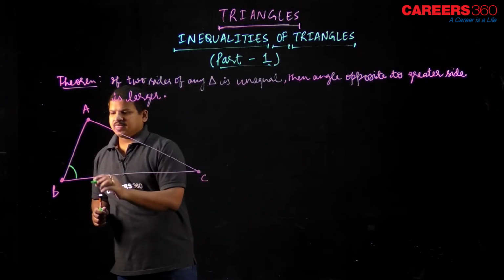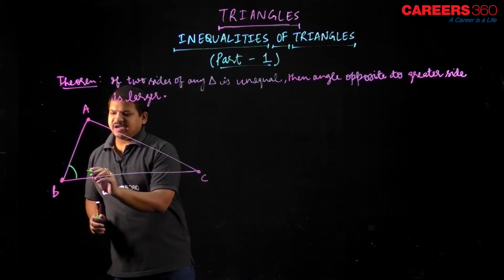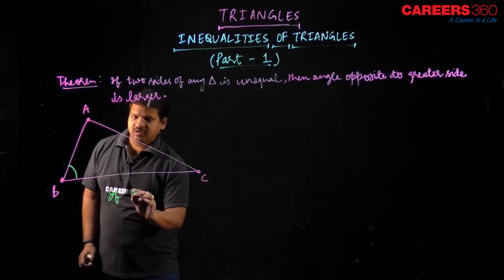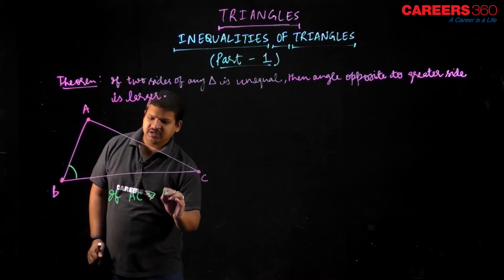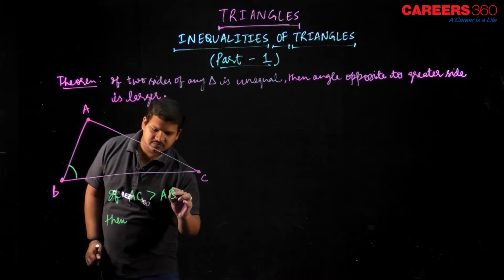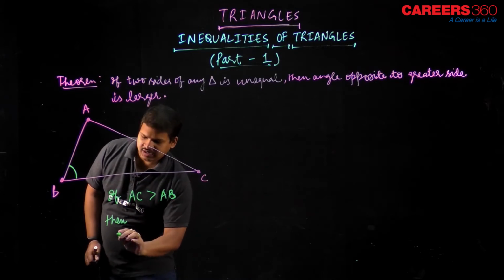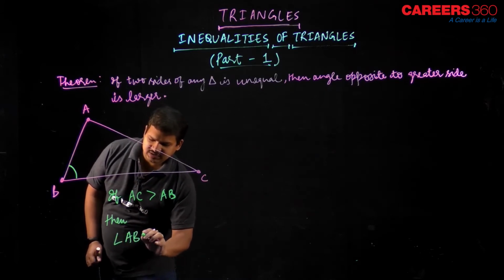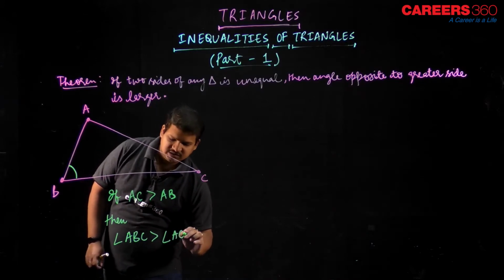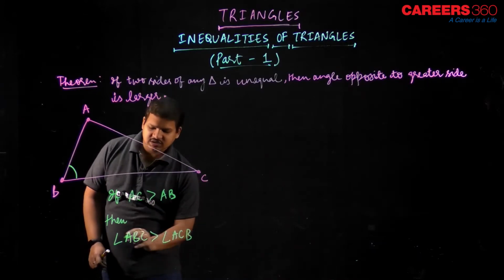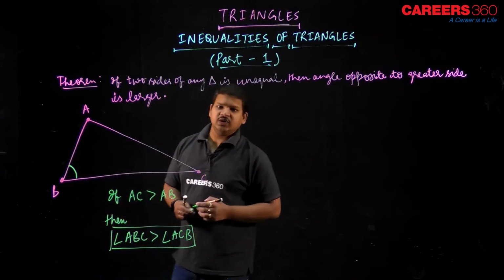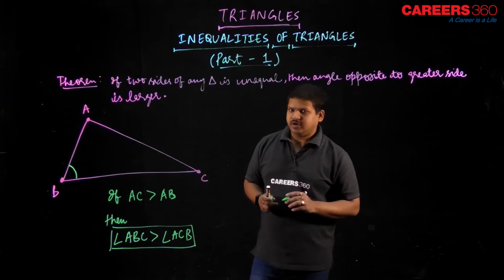That is, if AC is greater than AB, then angle ABC is greater than angle ACB. This is what this theorem says, and I hope it is clear to you, right?